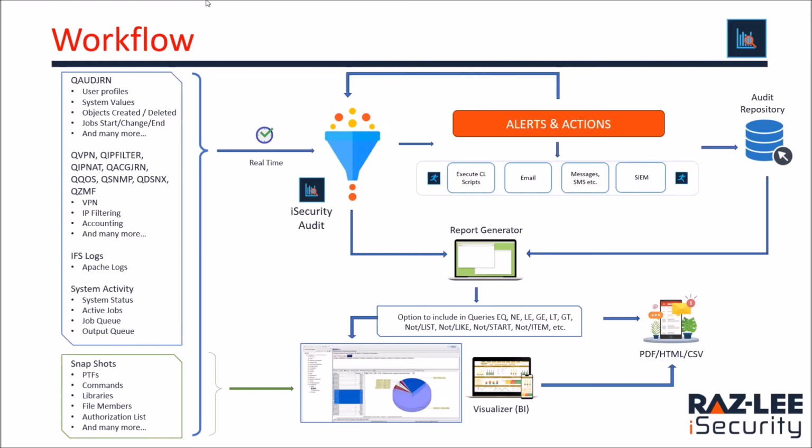So there is a component called iSecurity Action, and it's able to work at that point of the process and execute a CL script, send an email, send a message or an SMS. Also send information logs to SIEM.